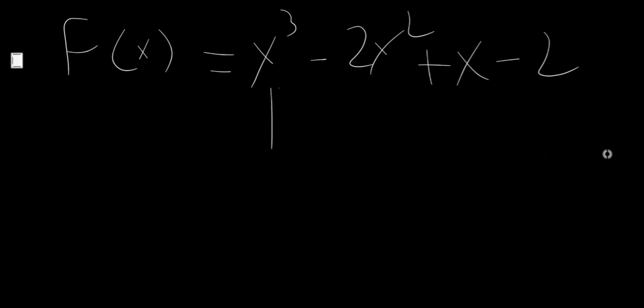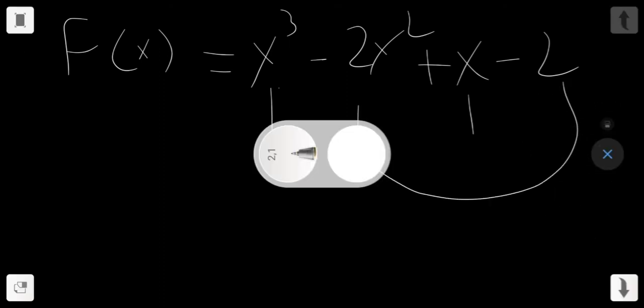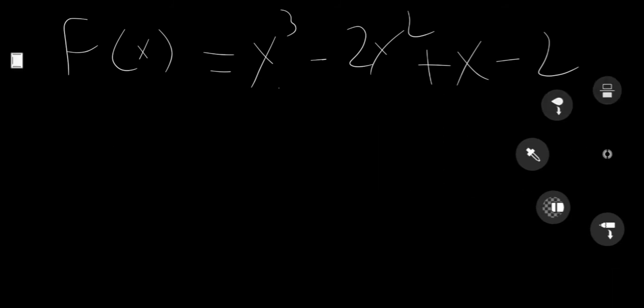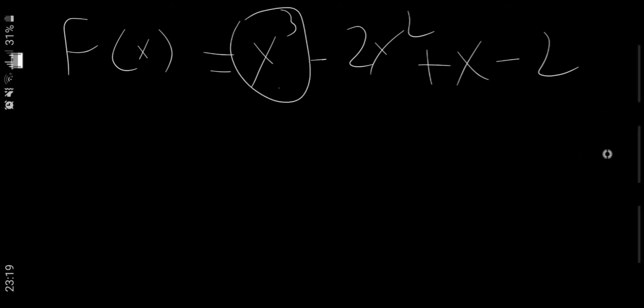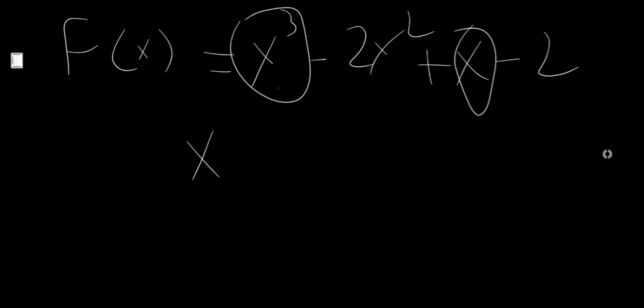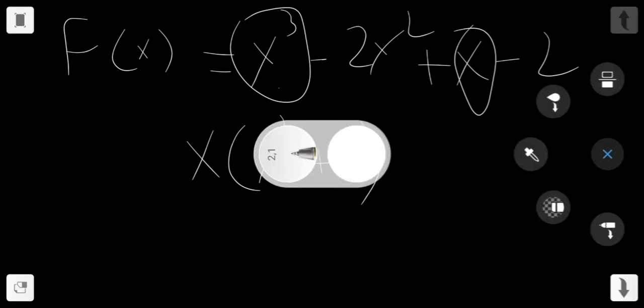I'm going to take this part and this part, and this part and this part. Now look, x cubed and x, so I'm going to take x to the outside and then I'm going to have x squared plus 1, right?